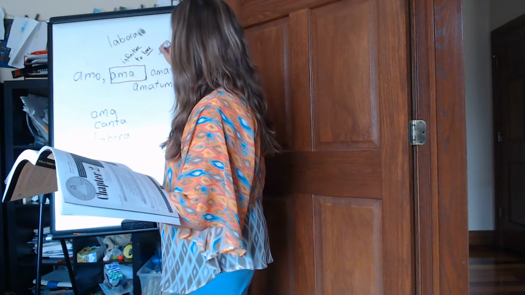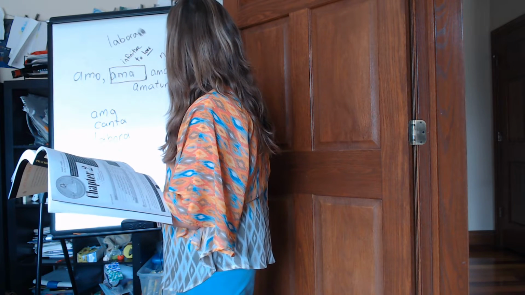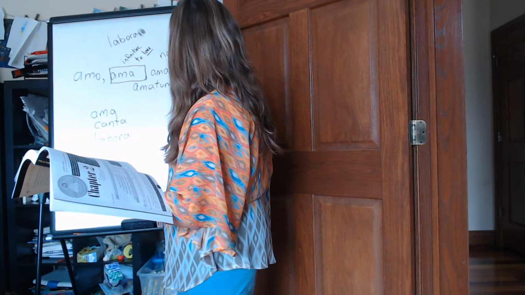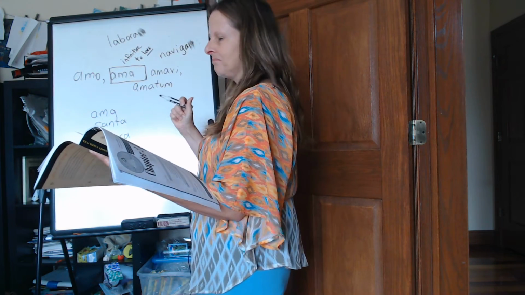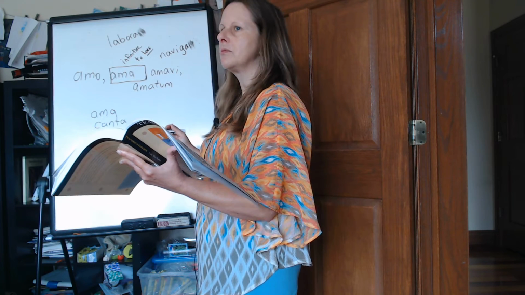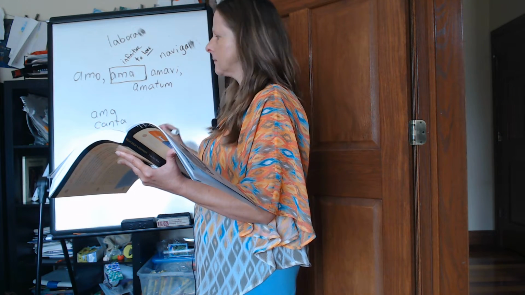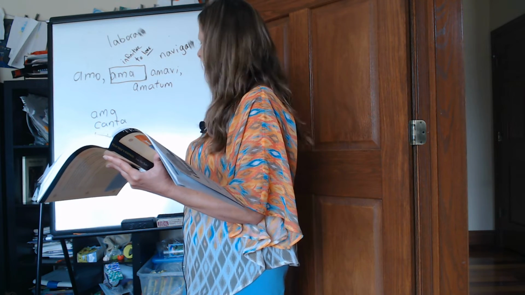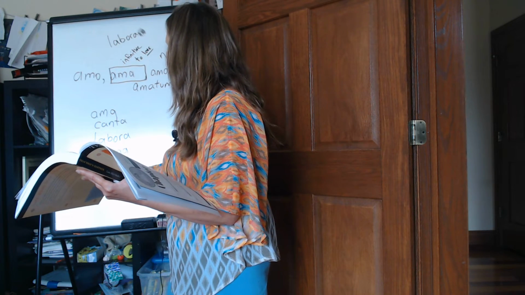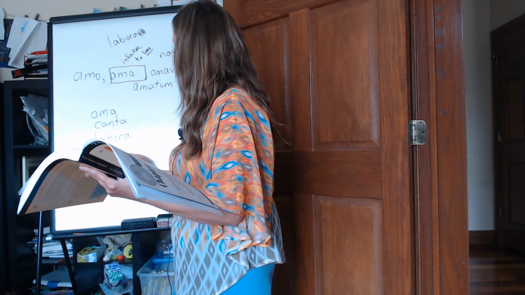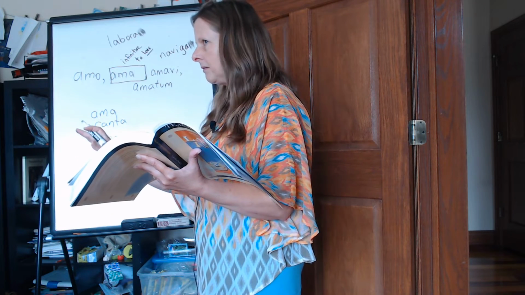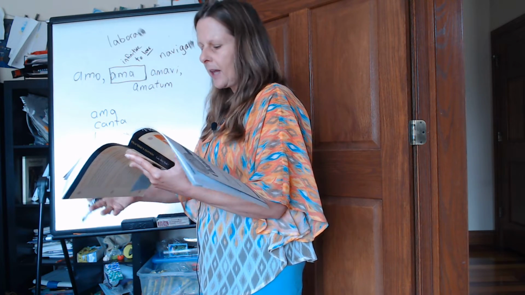So if the second principal part, I'm sorry, I'm writing all over the place, is navigare, I take away the RE and I have naviga. How about oppugno? Oppugna. Are we good? Does that make sense? Okay, so that was exercise 2.